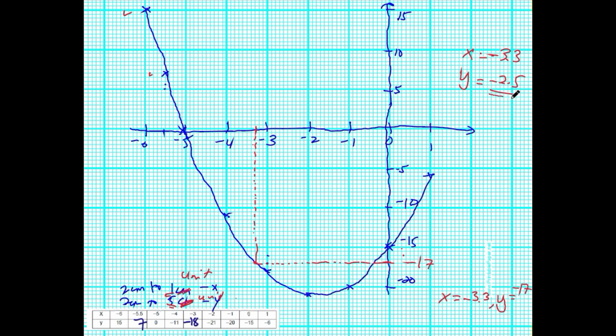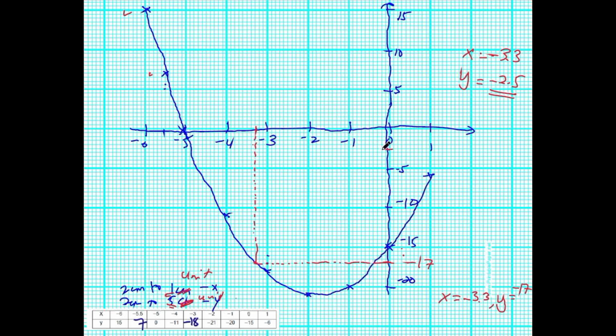Y is equal to negative 2.5. This is negative 5. So negative 2.5 should be in the middle of 0 to negative 5. So 1, 2, 3, 4, 5, so it should be here, negative 2.5.